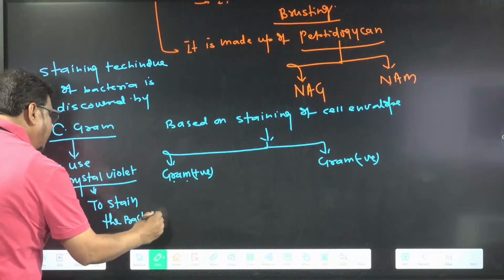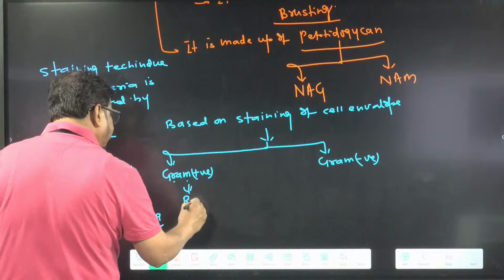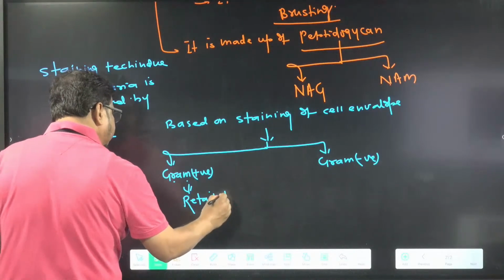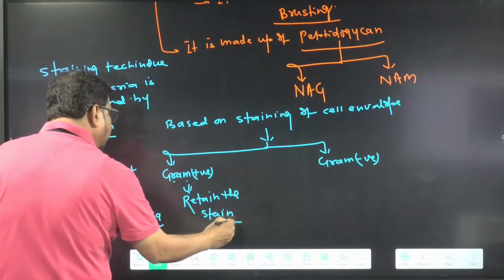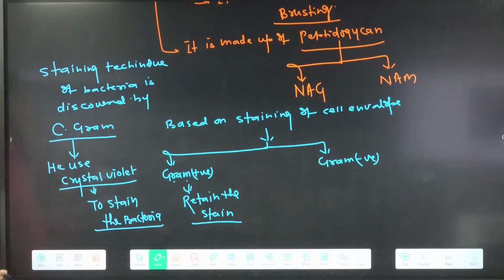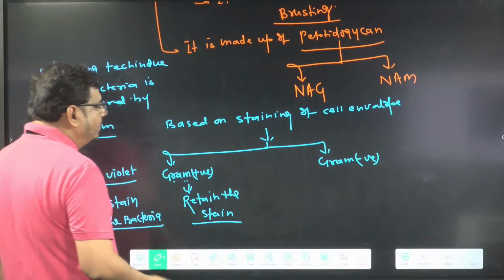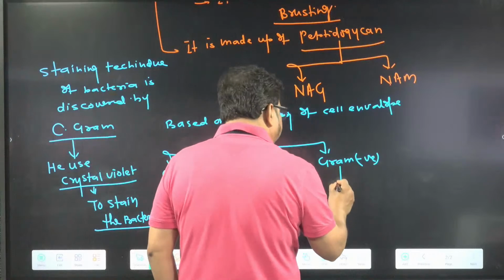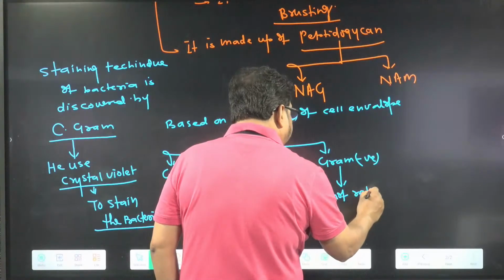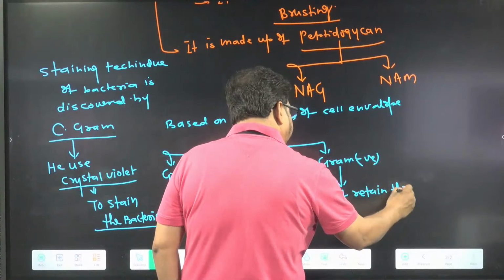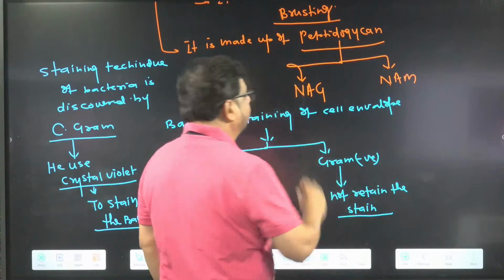So the bacteria that retain the stain are called gram-positive. Why gram-positive? Because Gram was the name of the scientist who discovered it. And bacteria that do not retain the stain are gram-negative bacteria.